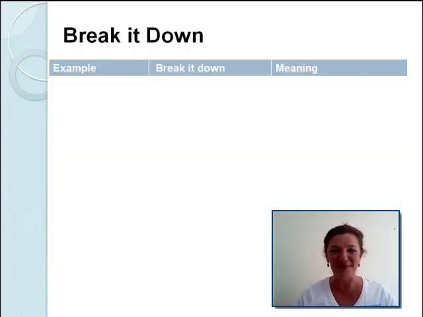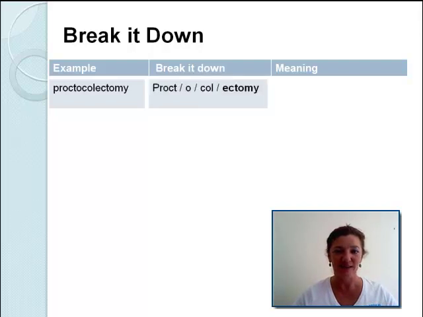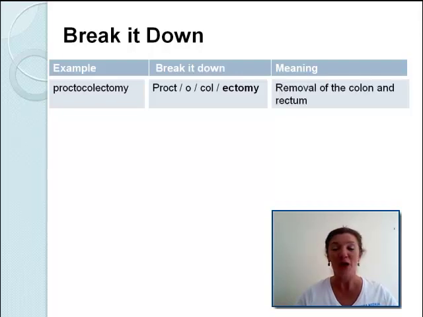It's time to break some words down. Let's start off with proctocolectomy. Where are the breaks? Proctocolectomy. And that means removal of the colon and the rectum. Sigmoidoscopy.